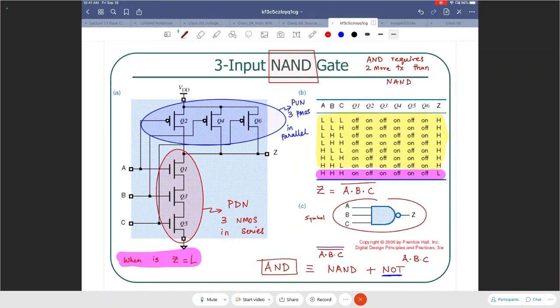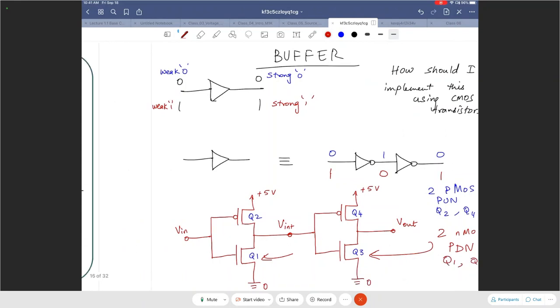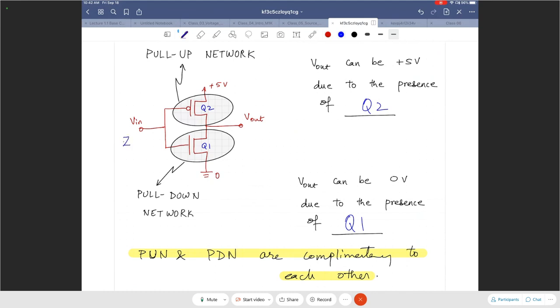Like we said, okay, this is my, let me go back here. So that's my NOT gate. So I would put this in front of, so the Z that we had earlier, that's what I would connect over here. And this will be my AND output.